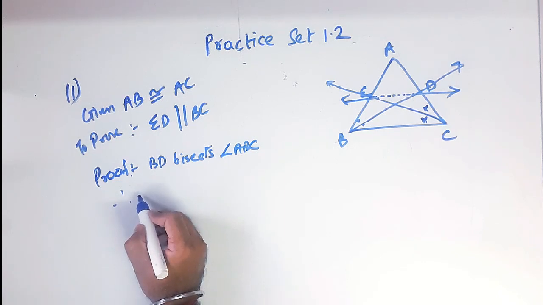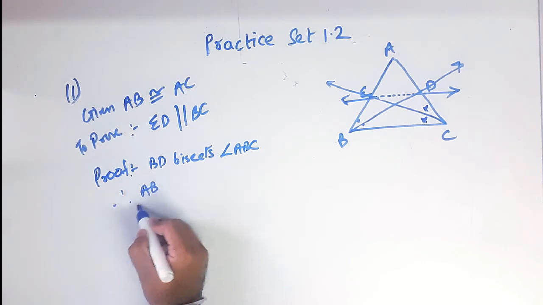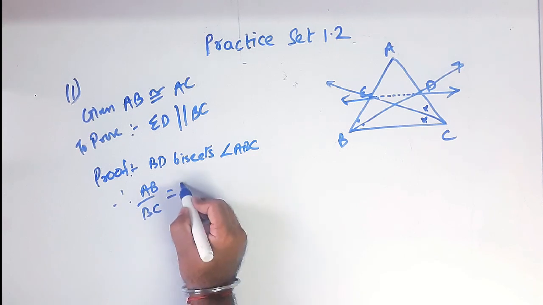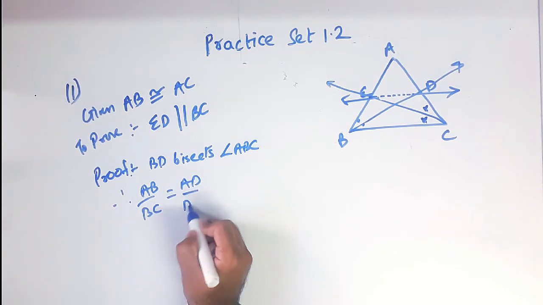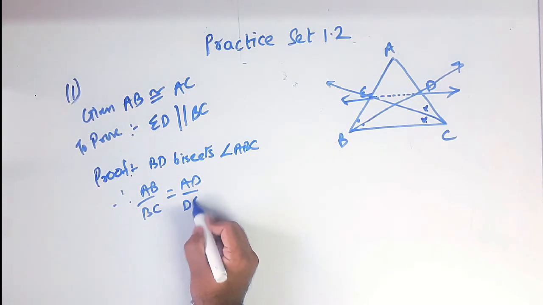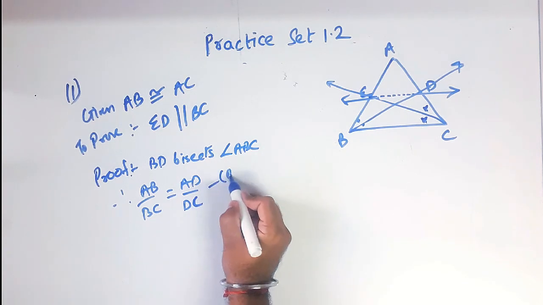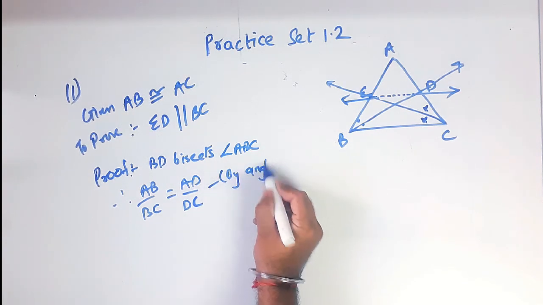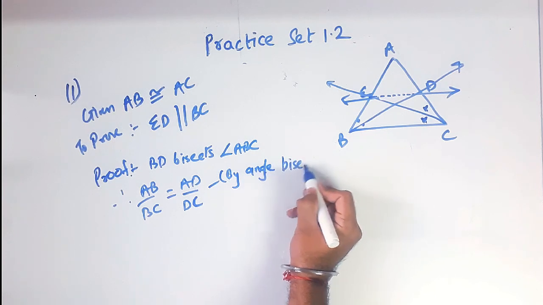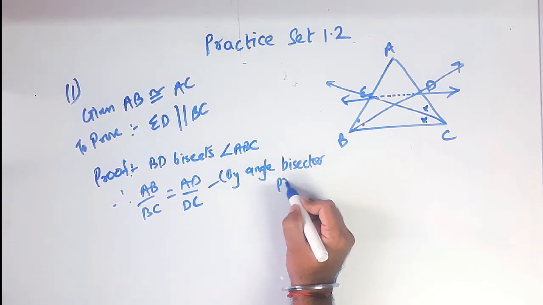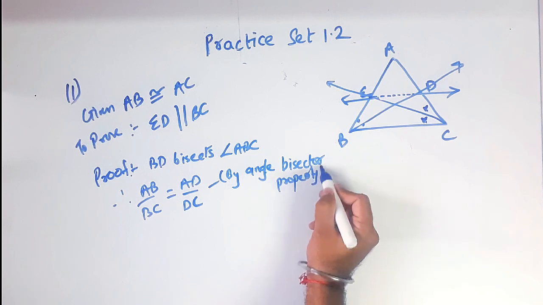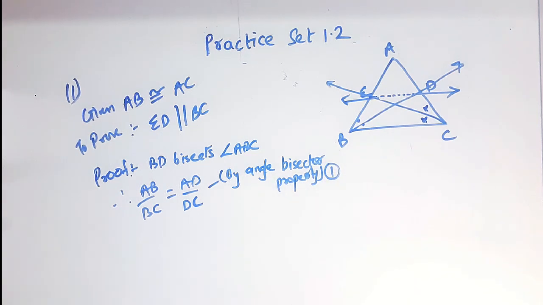Therefore I can write AB upon BC equals AD upon DC. This is by the angle bisector property. I'll give this as point number 1.